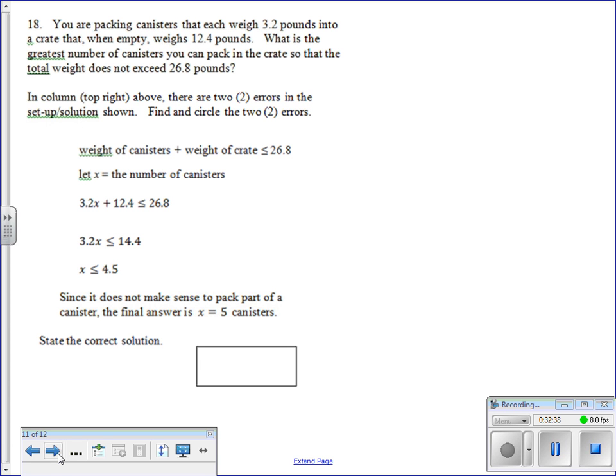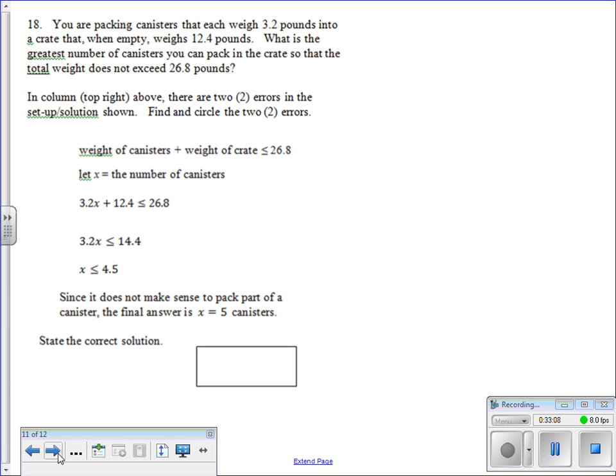Okay. So, in the column, and it has top right because that's the way it is on your paper. I have it here because I cut and pasted. There are 2 errors in the solution. Find and circle the 2 errors. Okay. The weight of the canisters plus the weight of the crate must be less than or equal to 26.8 pounds.